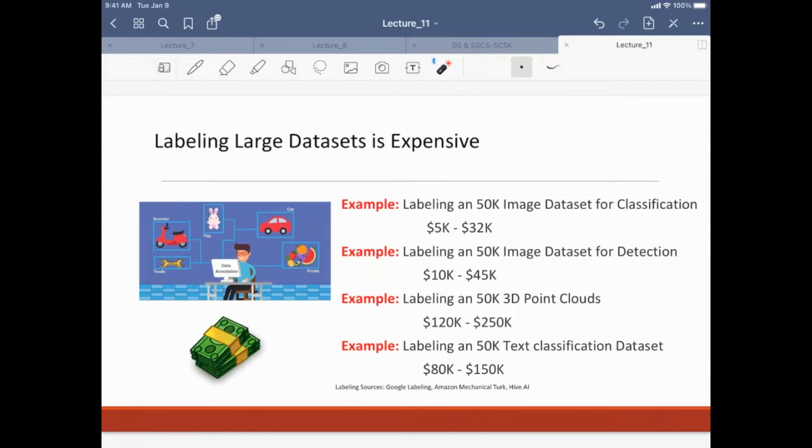Suppose, for example, on CIFAR10, can we achieve 90% accuracy with just 10% or maybe 20% of CIFAR10 labeled? That's what active learning algorithms try to do. And it turns out that active learning can achieve a significant gain on top of random sampling, which is good news.